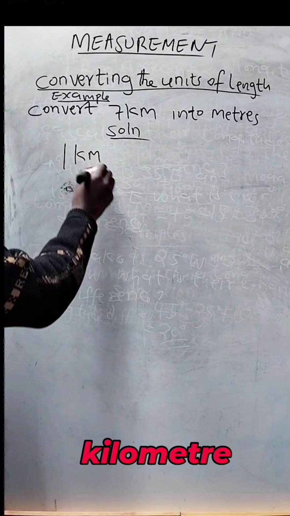What about 7 kilometers? You multiply 7 kilometers times 1000 meters over 1 kilometer.